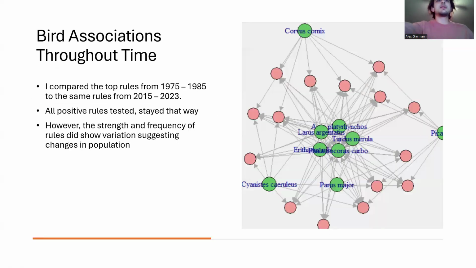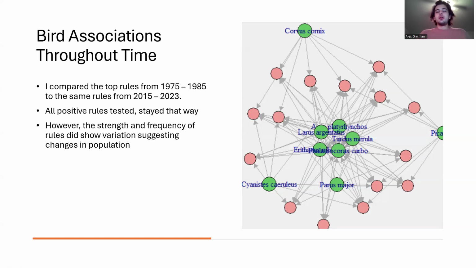Okay, next I performed association rule mining to look at associations of bird species found together throughout time. I performed association rule mining on various time frames of the data set, so it's from 1975 to 2023. But here I'm going to show what I learned from comparing the top rules from 1975 to 1985.